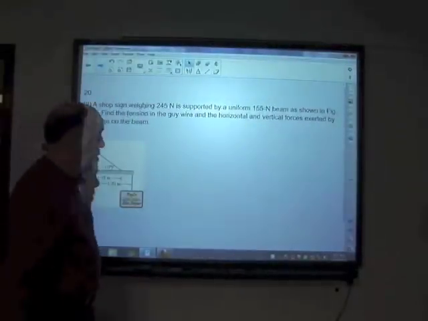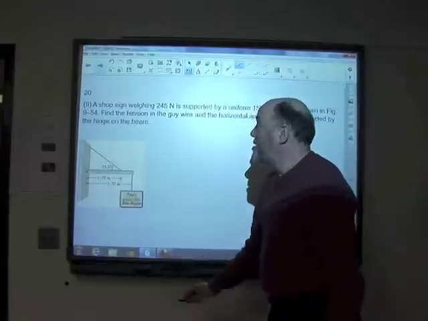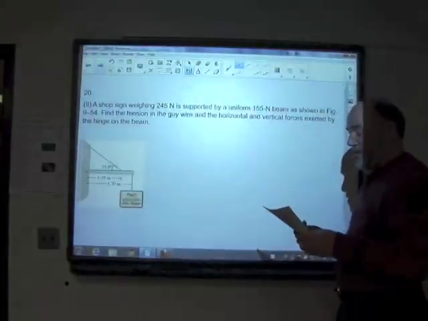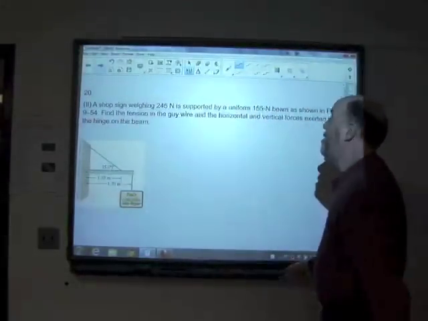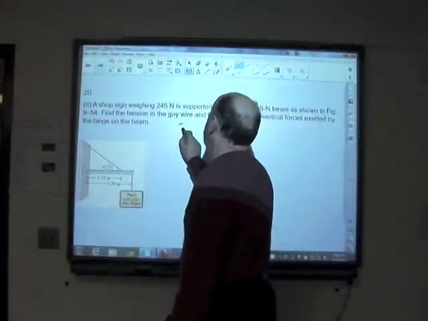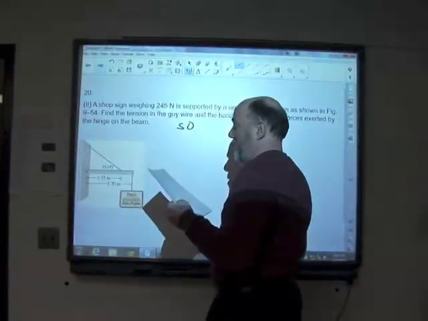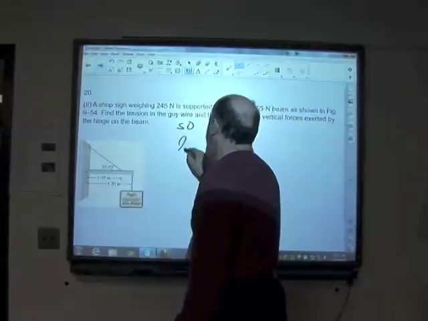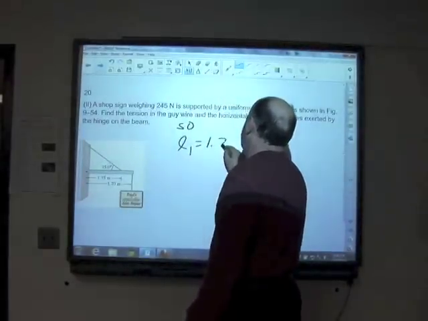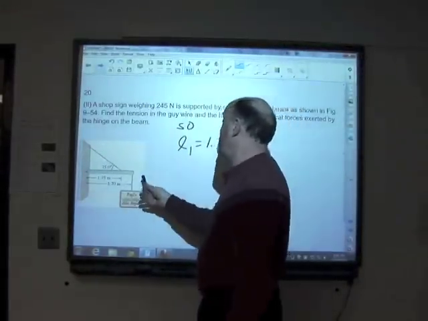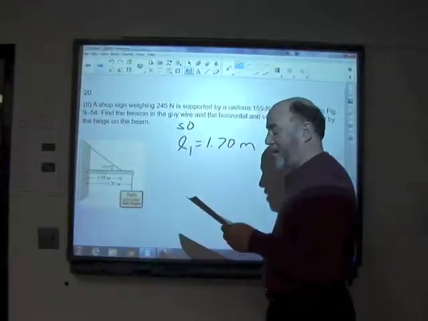Right? So again, using the same axes we've been using in terms of my directions, let's set up a system here. And so for this, we're going to let L1, length 1, be the 1.7 meters, so that'll be the entire length of my plank.